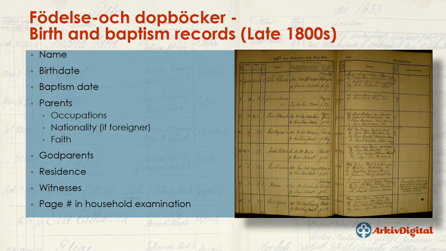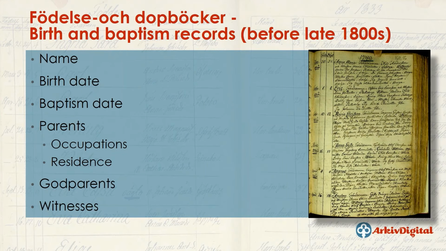And also witnesses could be related too, but it also points to the page number in the household examination booklets. Everything seems to coincide with each other. Before the late 1800s, it's a little more primitive. They would list things like the name, the birth date, the baptism date, parents with their occupations, godparents, and the witnesses. However, it's still a wealth of information.